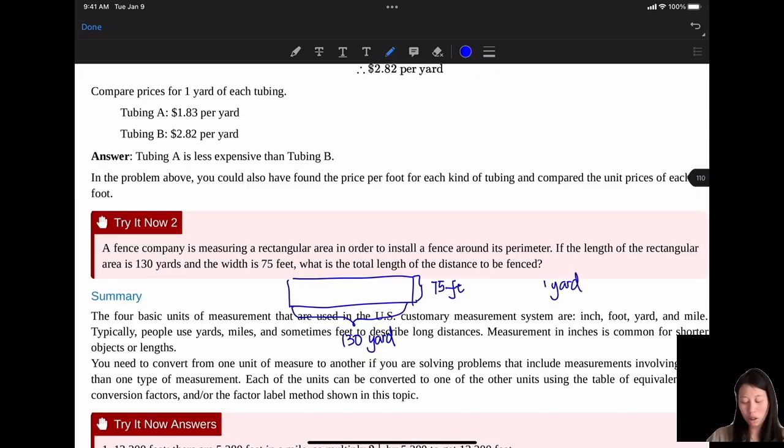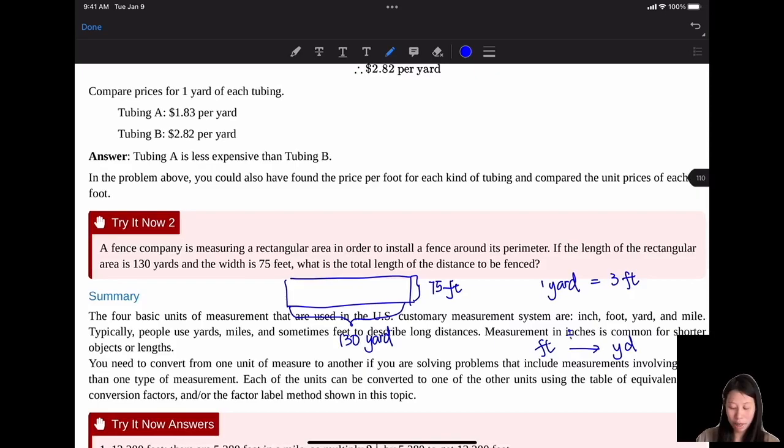So 1 yard equals how many feet? 3 feet, right? So when you convert a smaller unit to a bigger unit, you divide by the conversion factor. So I have 75 divided by 3, which is equal to 25. So the width is 25 yards.